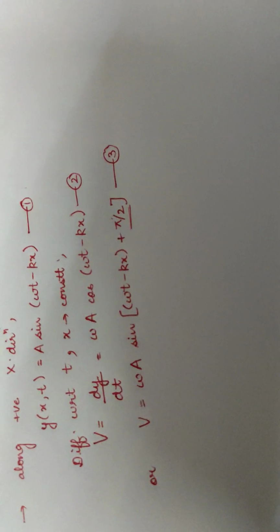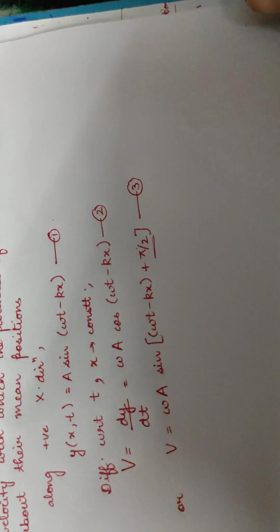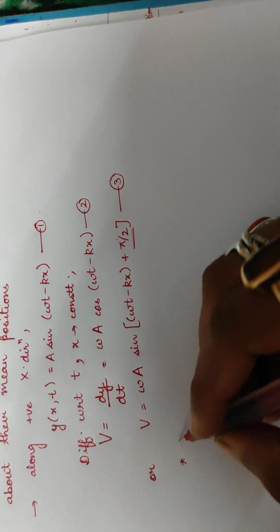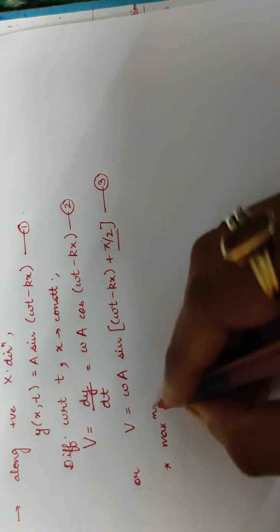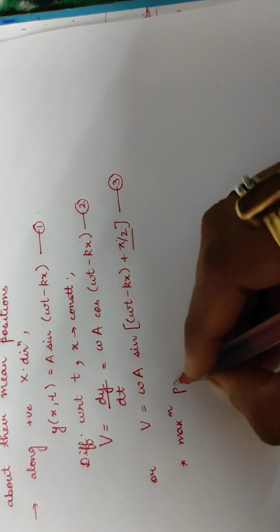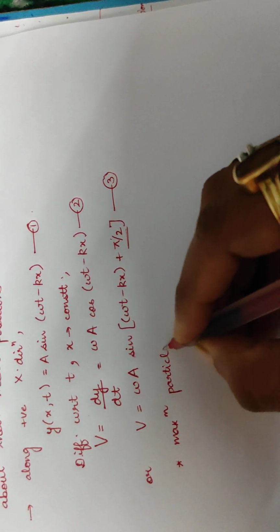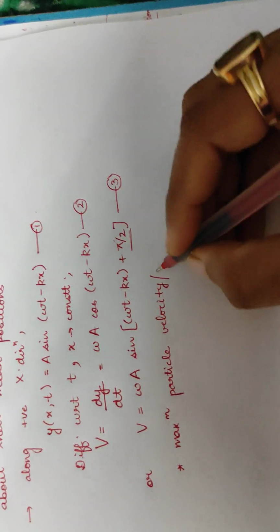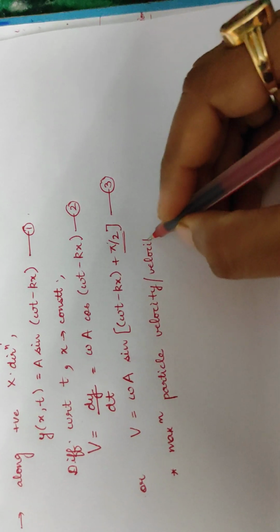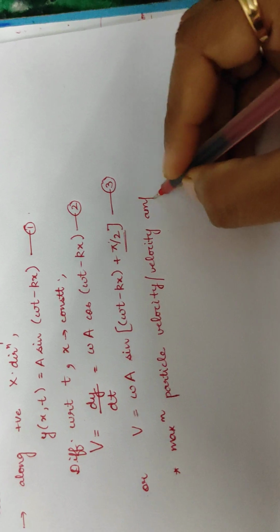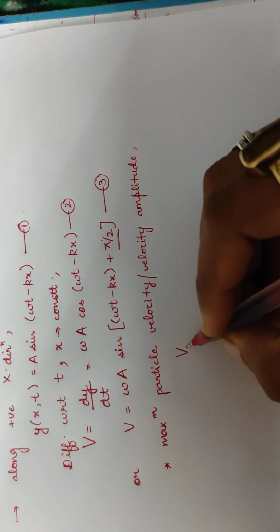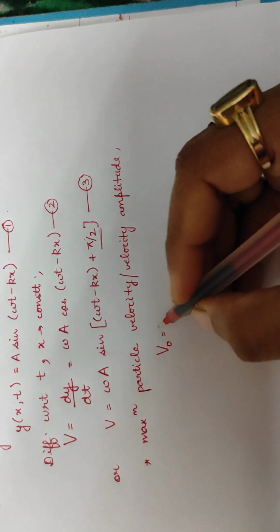Now next is, if we find the maximum particle velocity. Maximum particle velocity, also known as velocity amplitude, we can represent as v naught.